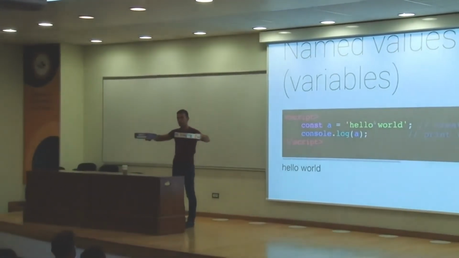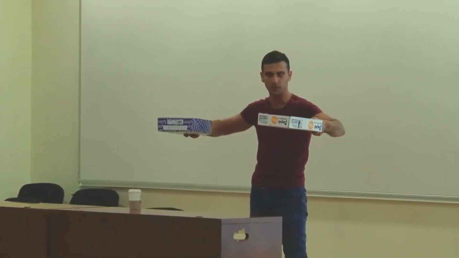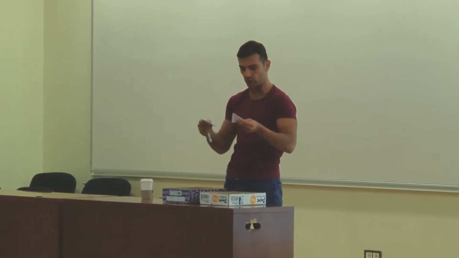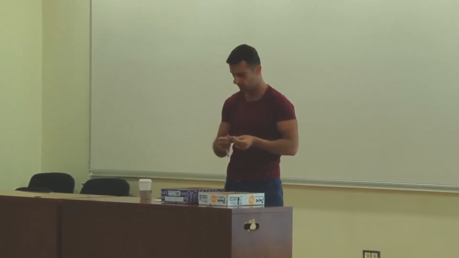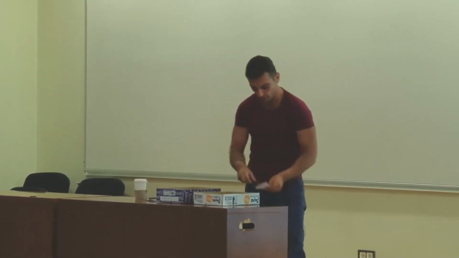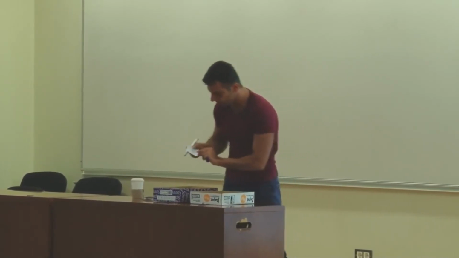Which box has which one? Exactly, who knows? Maybe I shuffled them, maybe I didn't. You don't really know. So what might make sense is if I labeled them. If I gave them some sort of an identifying name, that would make it easier for you to know which is which, right? Okay, so let me write R for red, and stick it here.